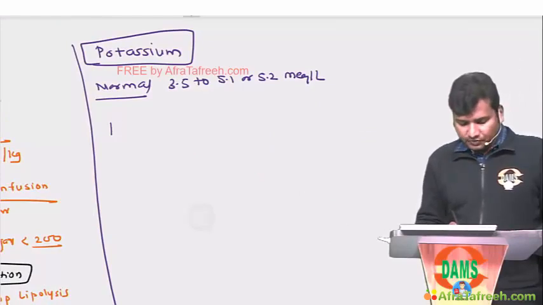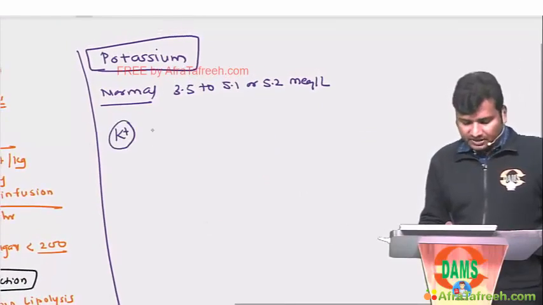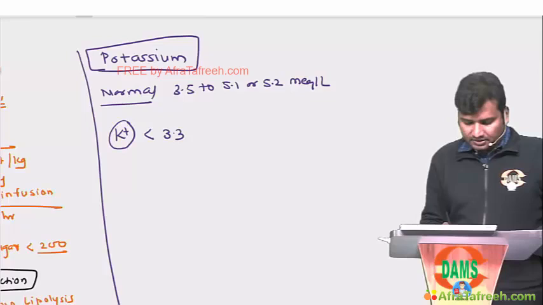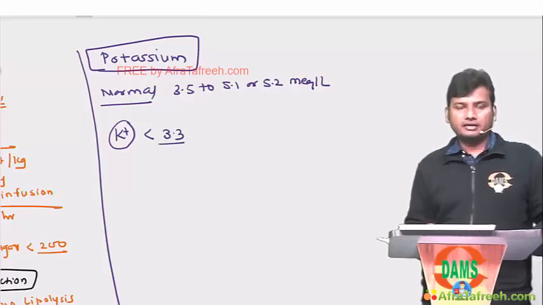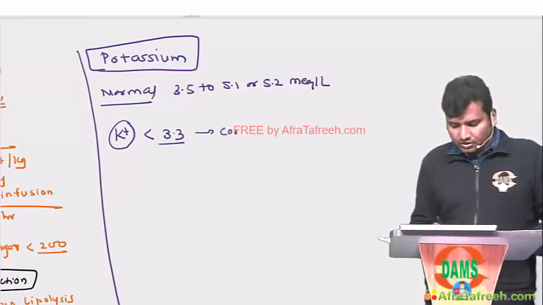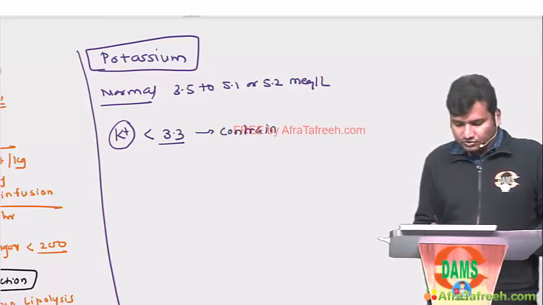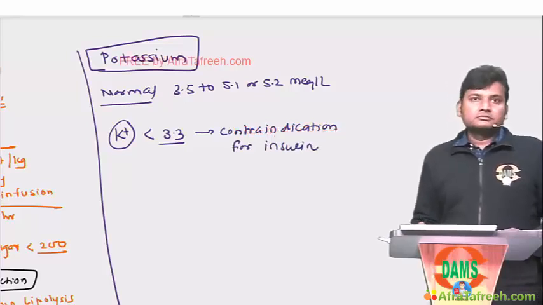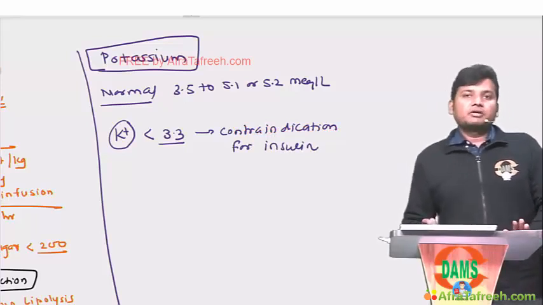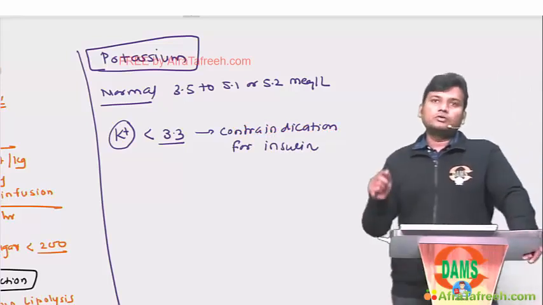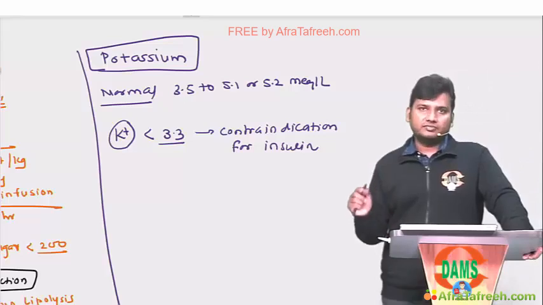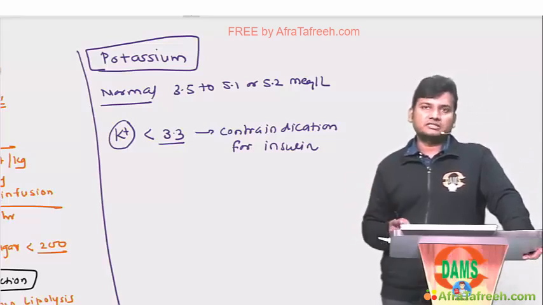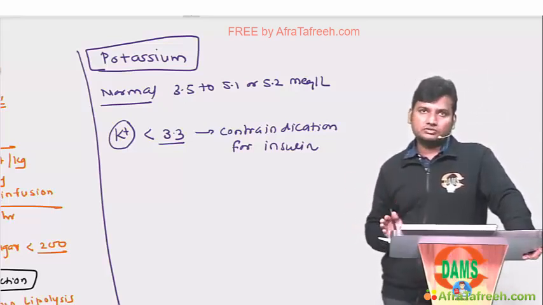If serum potassium level is less than 3.3 milliequivalent per liter, then it is contraindication for insulin. Okay, so please remember, before giving insulin, you must check potassium level. Without checking potassium level, you cannot give insulin.